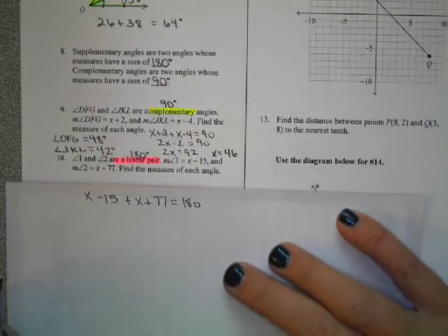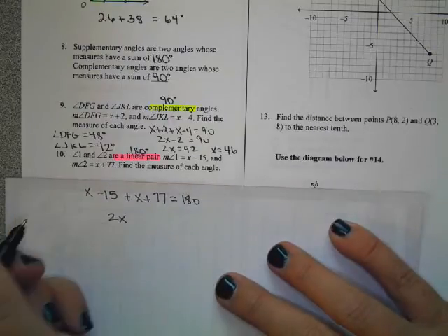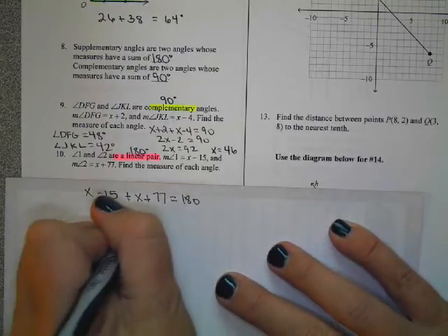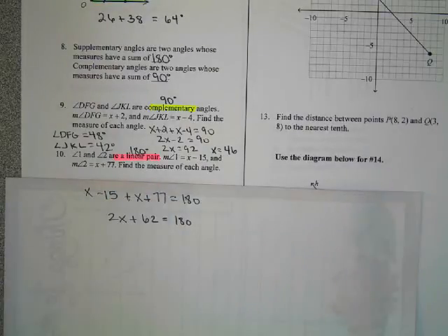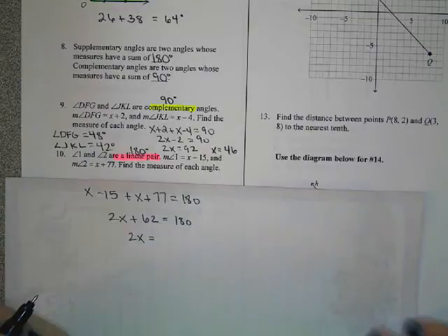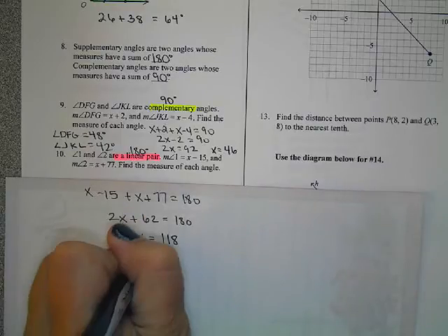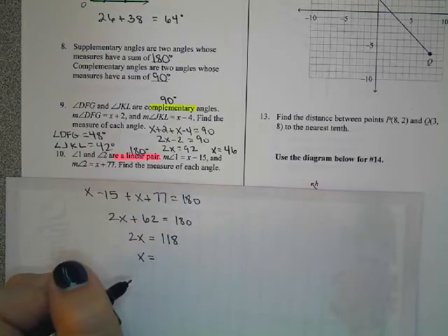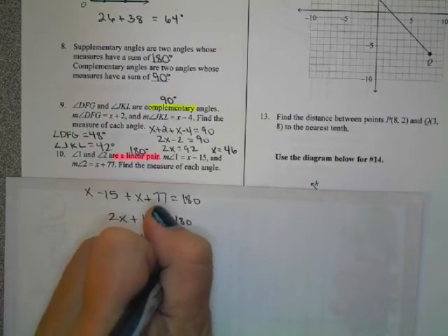Combine like terms. 2x plus 62 equals 180. Subtract 62. 2x equals 118. Divide by 2. X equals 59. That's not the degree.